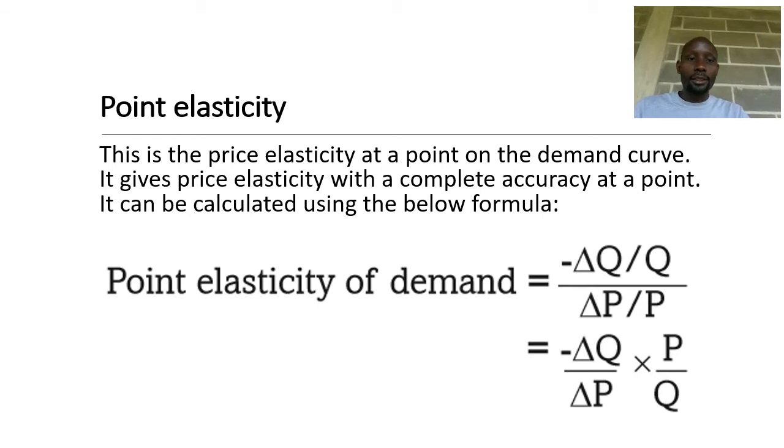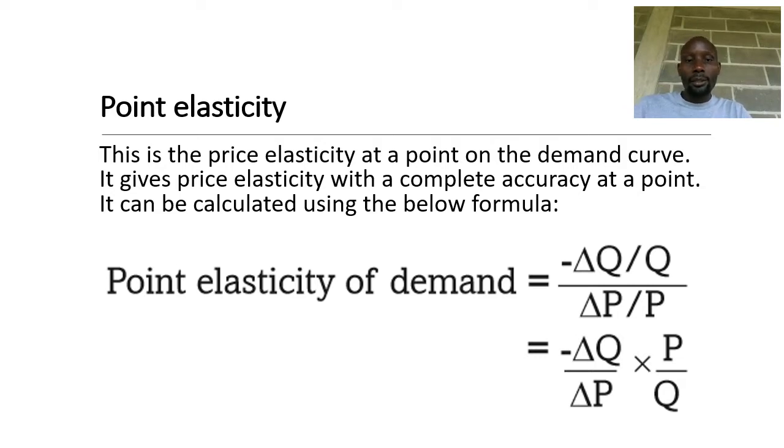So point elasticity of demand is defined as price elasticity at a point on a demand curve. So we measure relative changes in quantity demanded of a given commodity due to changes in price at a single point on a demand curve. I guess we all understand what a demand curve is. So it gives a price elasticity with complete accuracy at a point.